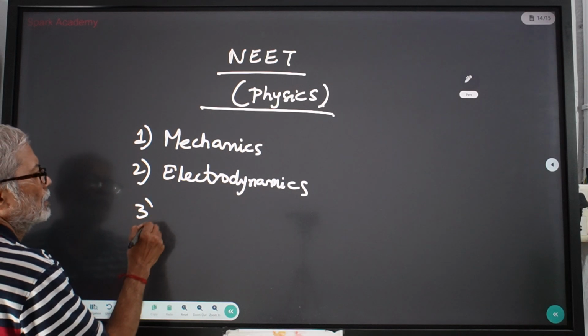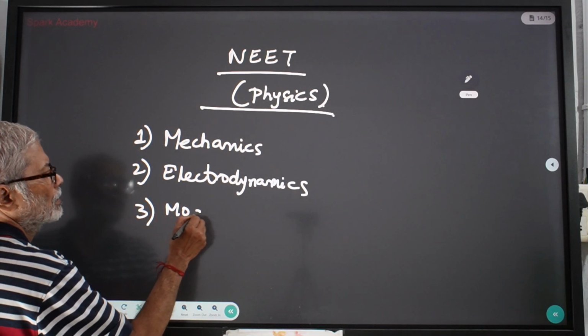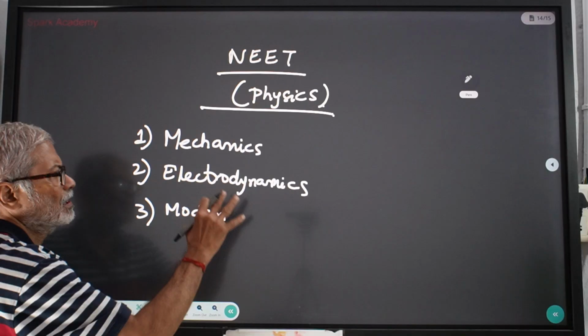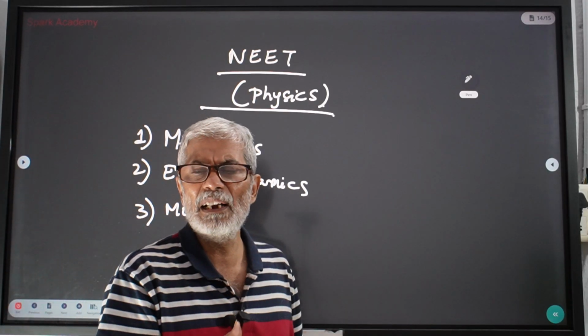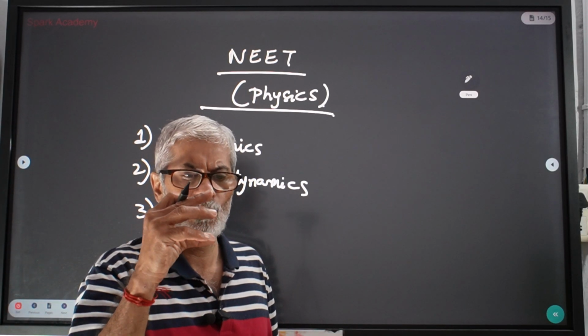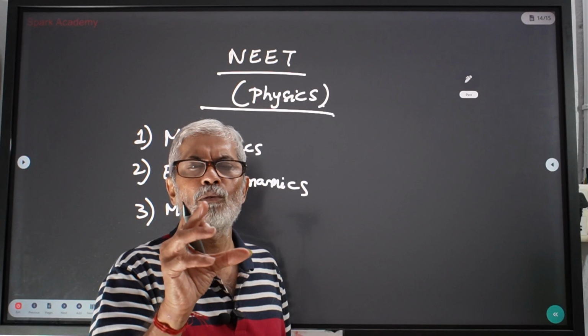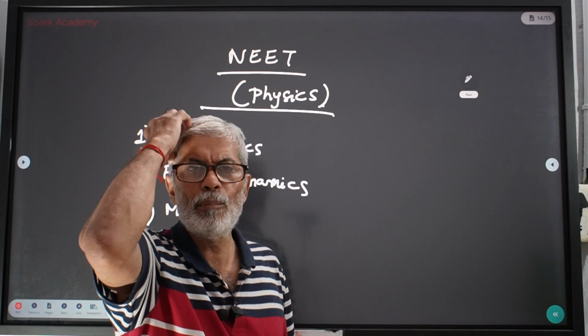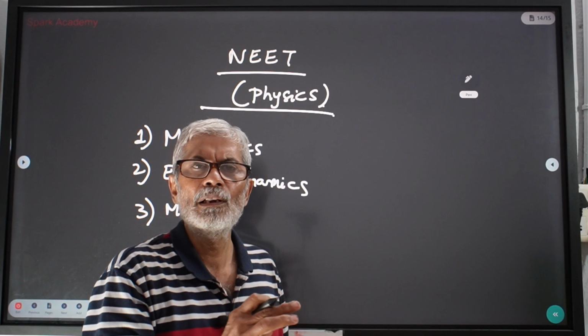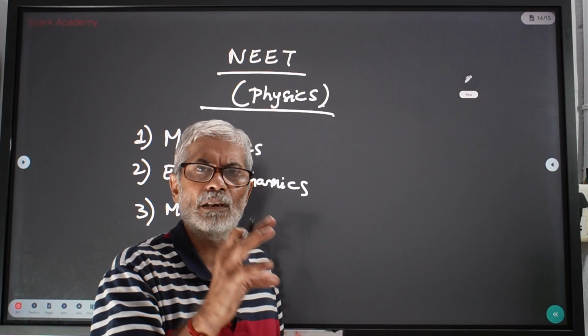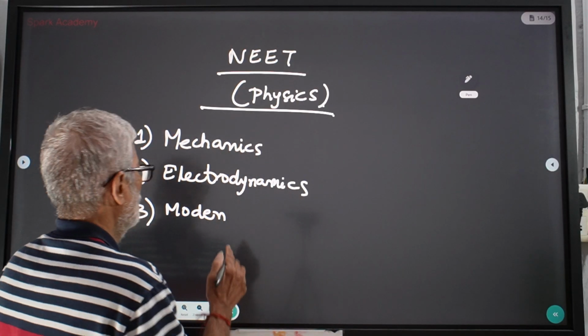Third is modern physics. This is just the heading. Inside, so many concepts will be hidden, and so many important things you have to study, the theory as well as its formulas.